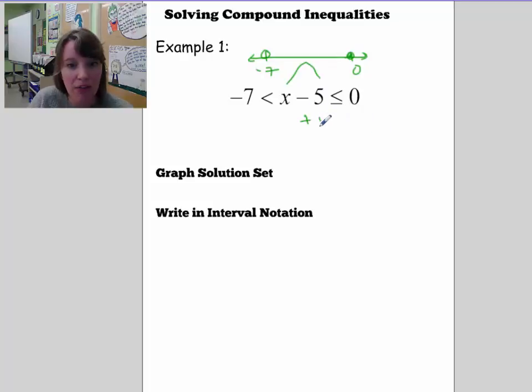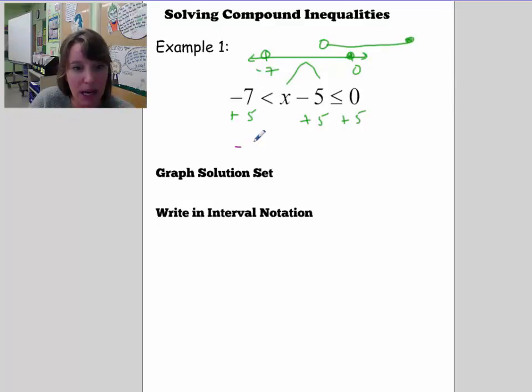So when we add 5 to both sides, we're going to have to add 5 to everything, because essentially, let's say that this is all the possible values that the expression can be. By the expression I say x minus 5, what you're essentially doing is shifting the entire thing up by 5, right? So if I add 5 here, it would be -2 is less than, this would cancel here, x is less than or equal to 5.